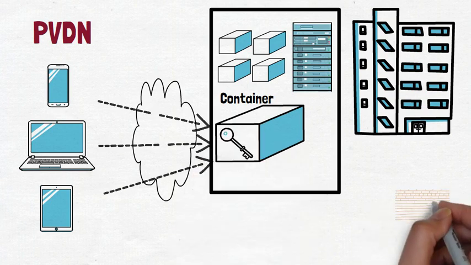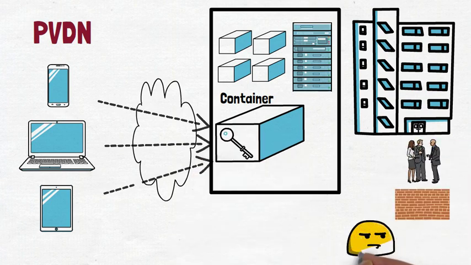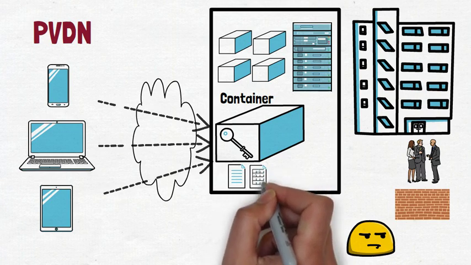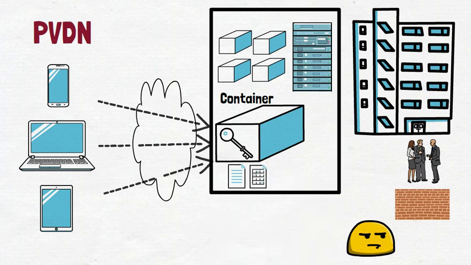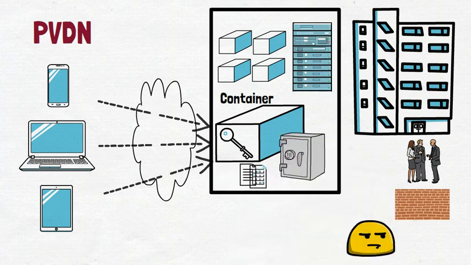The server, like the apartment block, is protected at the front door, keeping the baddies from getting anywhere near your container to attack it. The most precious data that forms your PVDN is stored within the container in encrypted files. Even server hosts, like the owners of the apartment block, cannot access your data.